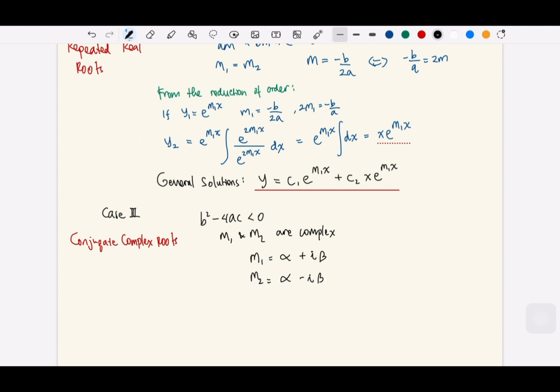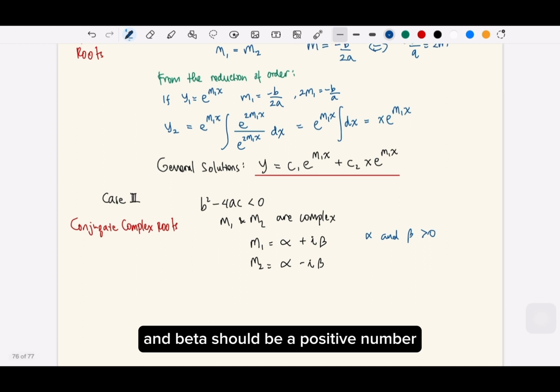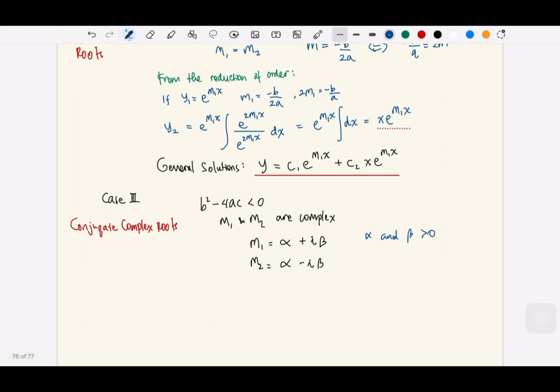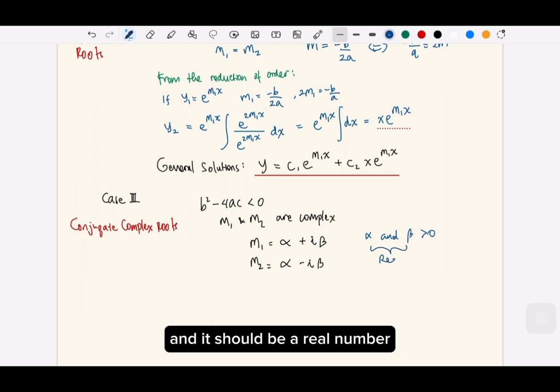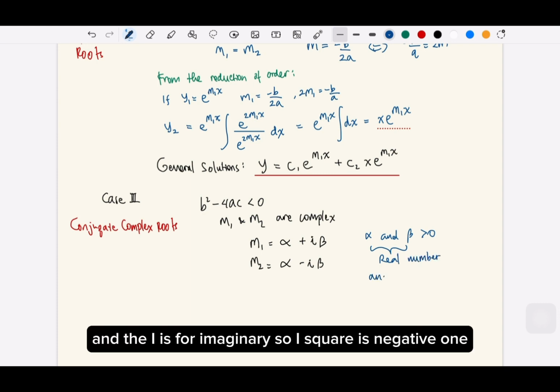The alpha and beta should be real numbers, and the i is for the imaginary, so i squared is negative 1.